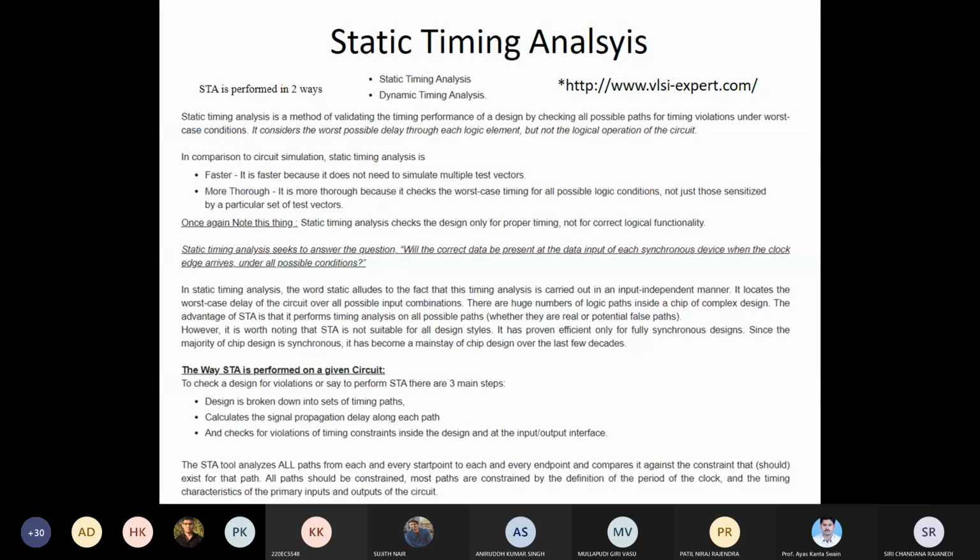These gates are real gates, because the library provided by the vendor has gates with various characteristics. If it is a combinational design, they will provide its propagation delay. If it is a flip-flop, they will give the setup time, hold time, and also the power of the gate or flip-flop, what power it is consuming, what area it is consuming.